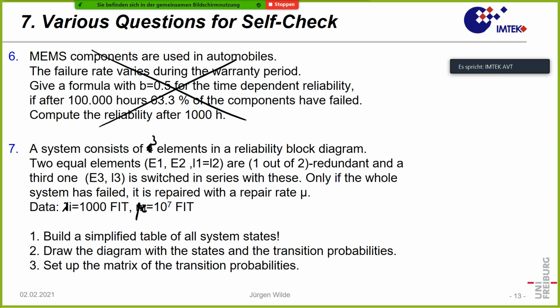By copying the symbol, characters get lost. So, build a simplified table of all system states, draw the diagram with the states and the transition probabilities, set up the matrix of the transition probabilities. Okay, what does that mean? It is about Markov processes.